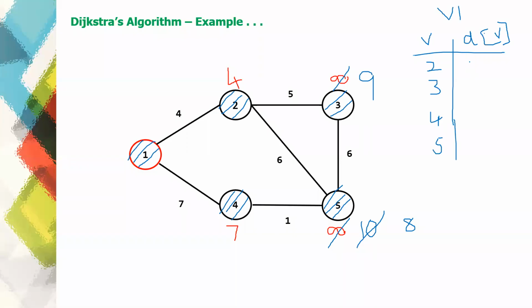And the distances are 4, 9, 7 and 8. And all these are shortest distances. From vertex 1 to vertex 2, the shortest path available is with distance 4. From vertex 1 to vertex 3, the shortest path is available with the distance 9 and so on.